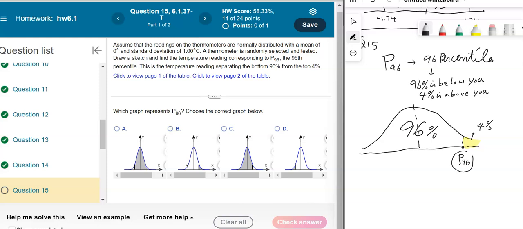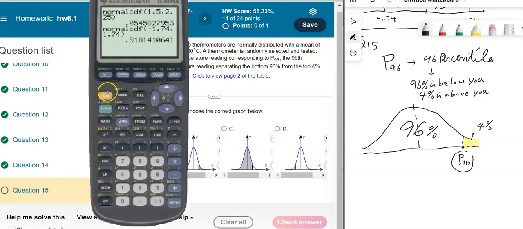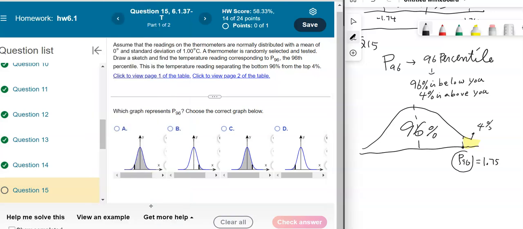Okay, so to find that number, all you have to do is put 0.96. So here, second bars, go to inverse norm, and all you have to do is 0.96. That's it. So it is 1.75. Okay, is it two decimal?